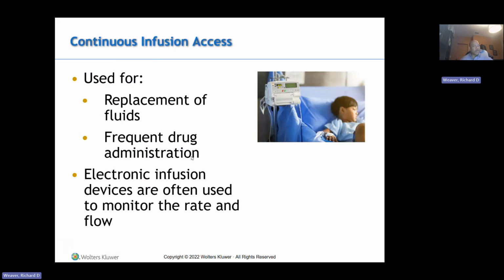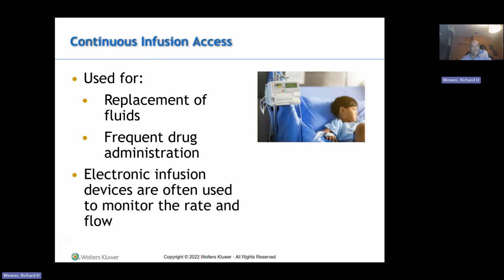Also, if there's frequent drug administration, we want to have a continuous IV fluid going. Let's say normal saline at 10 cc's per hour. That's really minuscule. That's not that much at all. But I would usually keep that running continuously while I keep on bringing that secondary IV push, antibiotics or other medications.